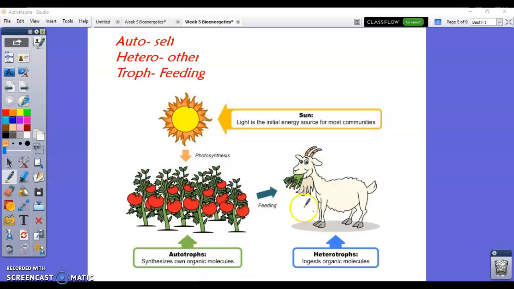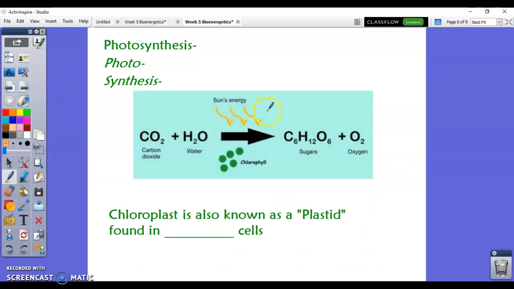Then a heterotroph ingests anything that has been made from the sun. It takes in those organic molecules and converts them into energy that the cells can use. So an autotroph can make its own organic molecules, and a heterotroph has to ingest organic molecules.